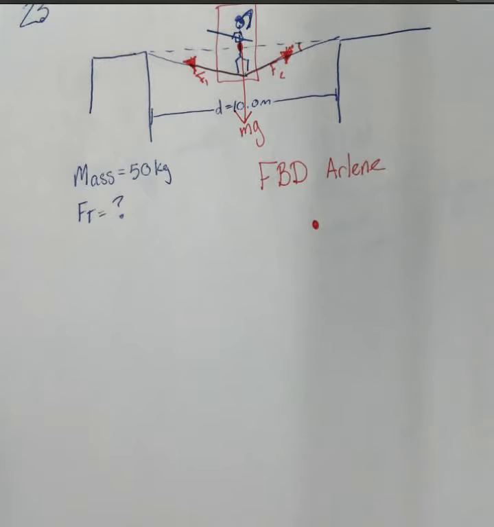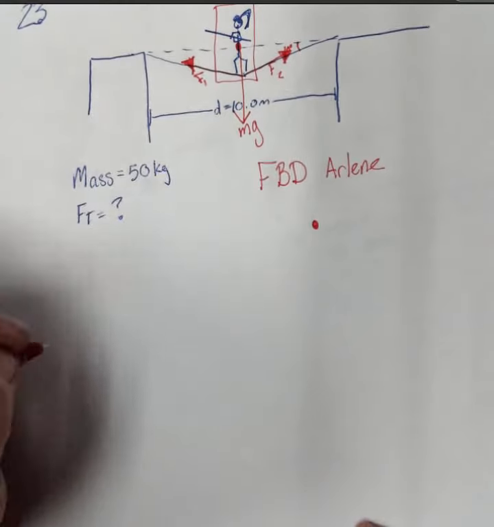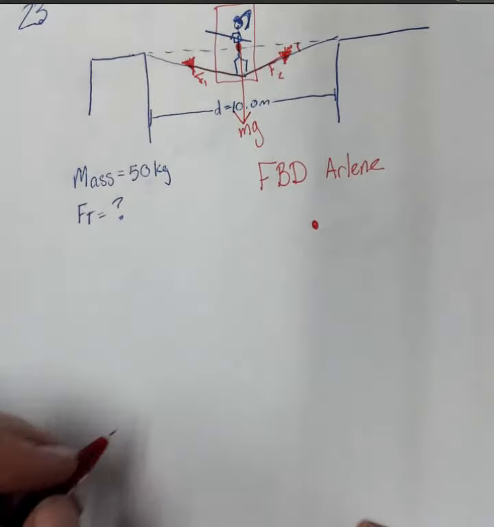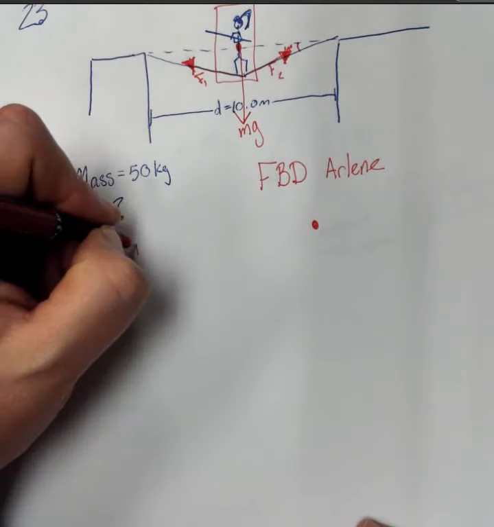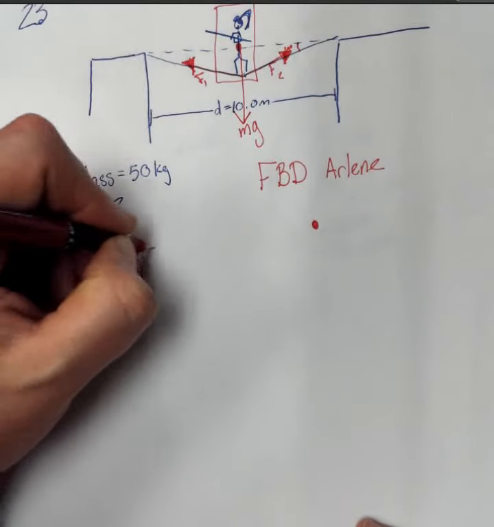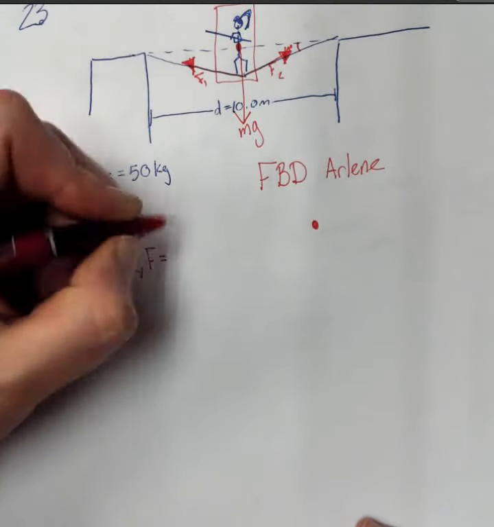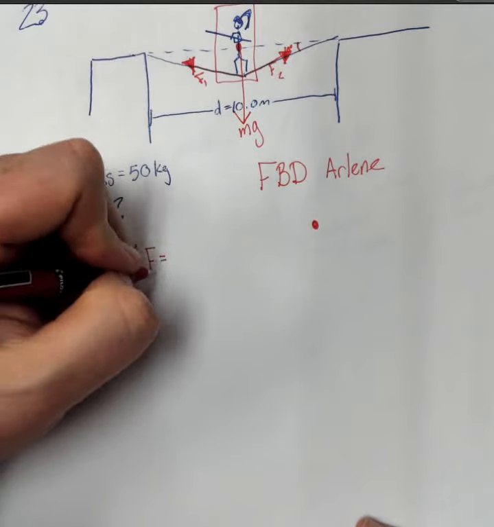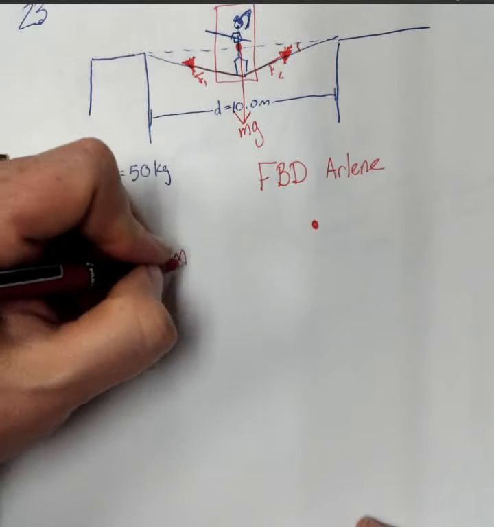We are going to be using Newton's first and second law to resolve this free body diagram. So once you get your free body diagram drawn, we're going to consider that the sum of all forces on Arlene is going to be equal to mass times acceleration.